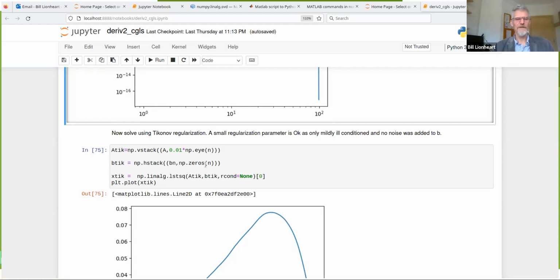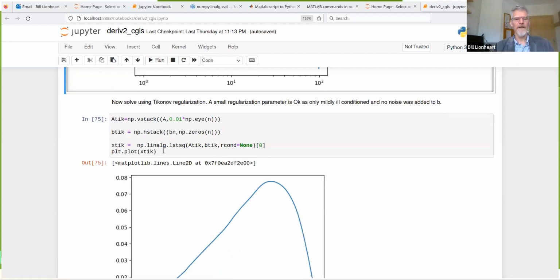Okay, so I would normally just use backslash now to solve it in MATLAB. There's a variety of options. For some reason I use this least squares solver. But the point is, it's now a well-conditioned matrix with respect to inversion, I hope.